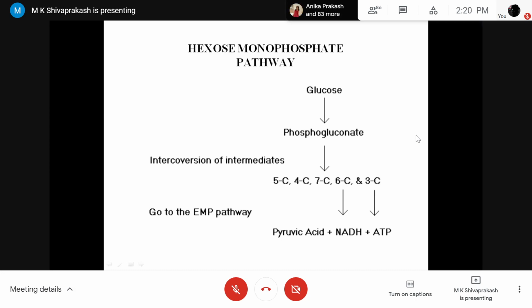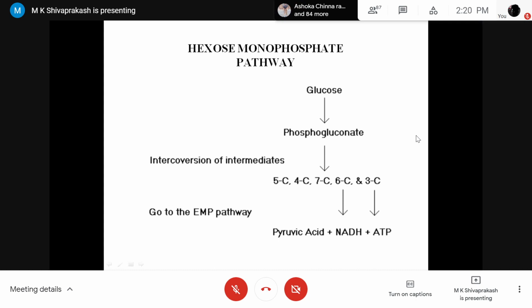And here, the beauty is that when glucose undergoes this pathway, it results in 5 carbon pentoses, erythroses which are 4 carbon sugars, sedoheptuloses which are 7 carbon sugars, and hexoses, and 3 carbon trioses.